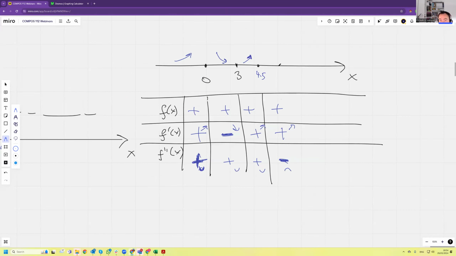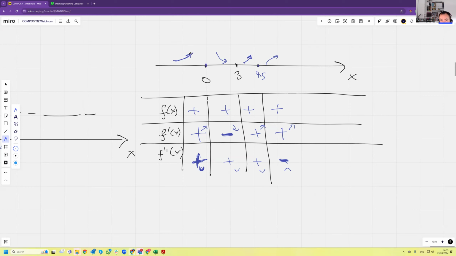And from 4.5 to infinity, that's increasing concave. So you can see that this is a point of inflection. This would be a point of maximum, but maximum doesn't work like this. And especially 0 is an asymptote.